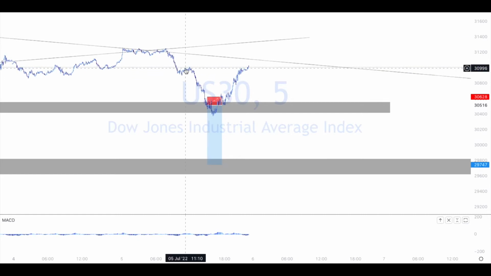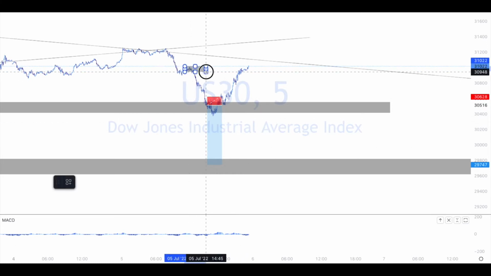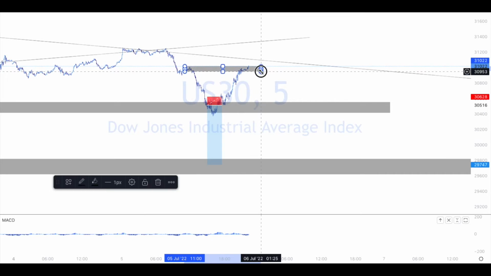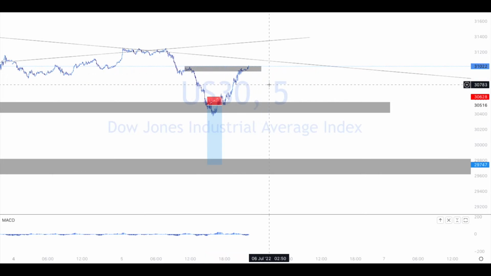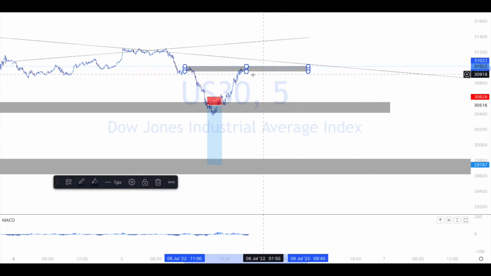So this area over here, draw a little box around it. This area over here is now looking super interesting. I just want to see if price is going to break above it. And if it does, then we know what to do, because this area is a high, right?